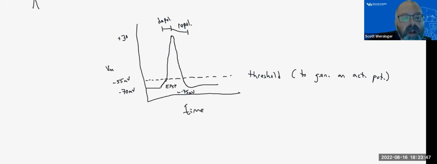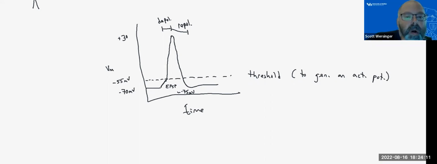Okay, so my neuron's sitting here, nothing's going on. Something stimulates the neuron. The membrane potential at the axon hillock reaches threshold. That triggers an action potential, which then travels down the axon and carries information.